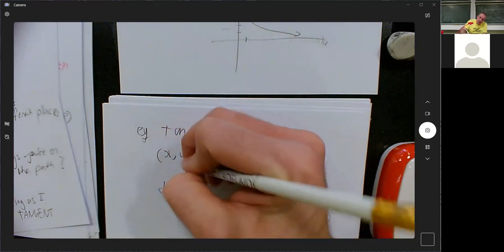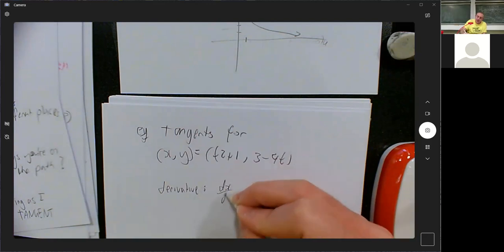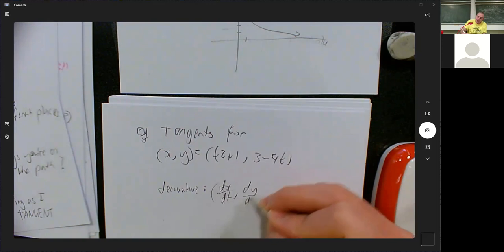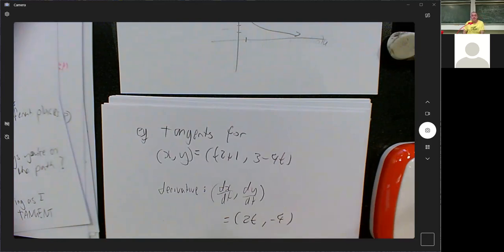I'll just call it x and y equals. So the derivative, which is dx on dt, dy on dt, is 2t for that first coordinate and minus 4 for that coordinate. So that's telling me that when t is 0, it's going in the direction of 0 minus 4, and when t is 1, it's going in the direction of 2 minus 4, and when t is 10, it's going in the direction of 20 minus 4. Different values of t will give you different arrows, which is the direction that we're going.